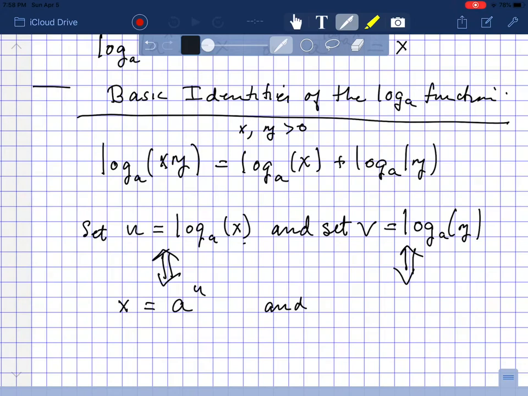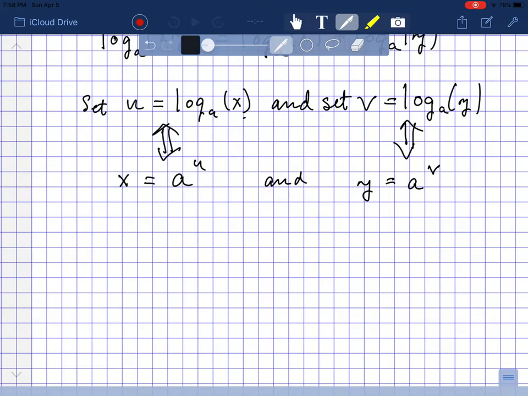And over here, this is equivalent to writing y is equal to a to the v power. Okay? So let's do something.